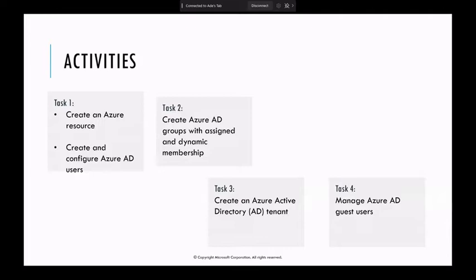A default tenant would always be created for you, but you could actually create additional Azure AD tenants if you require. Learn how to create that. Then also see how to manage guest users within Azure. Those would be our activities, which I'll share, in addition to other documentation you would find very useful.